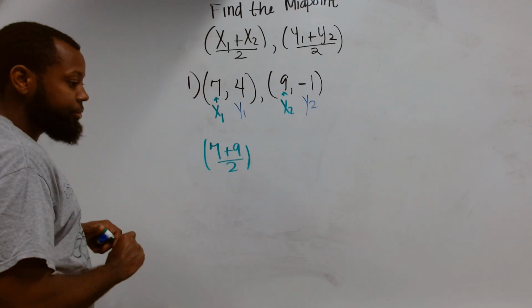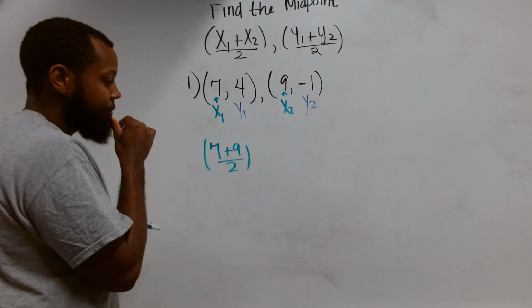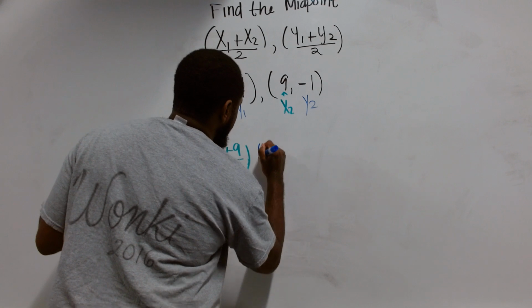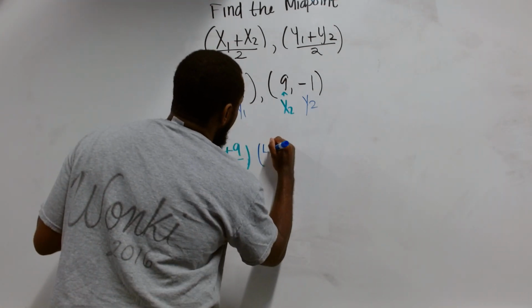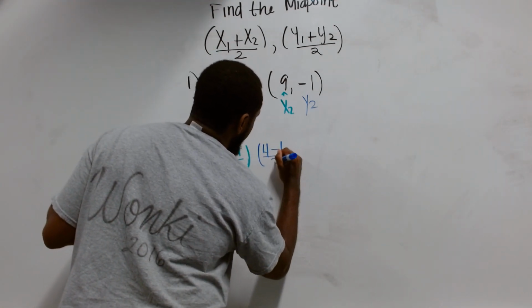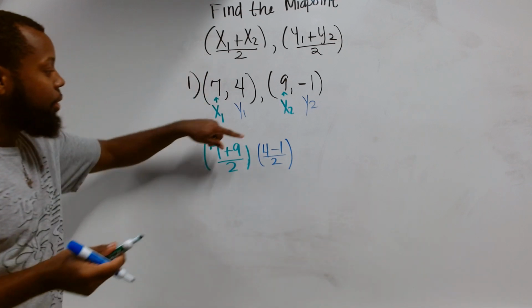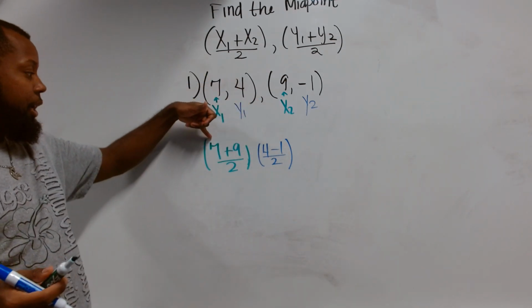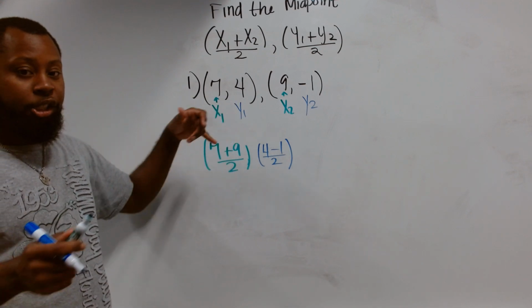Now, your y's, you're going to have 4 minus 1 over 2. Your y1 plus your y2, just like your x1 plus your x2.